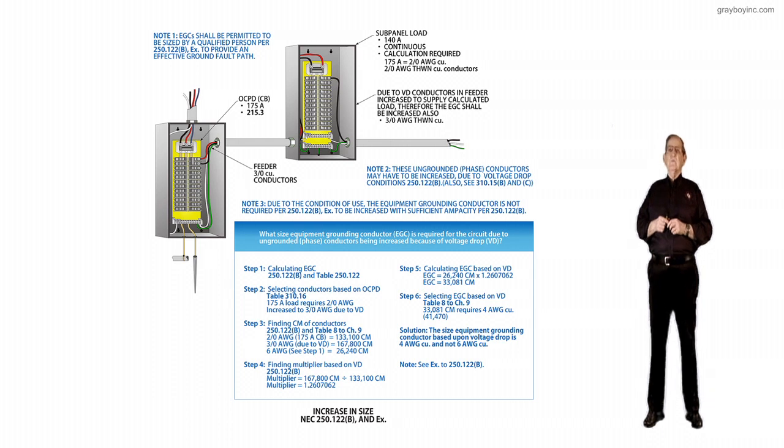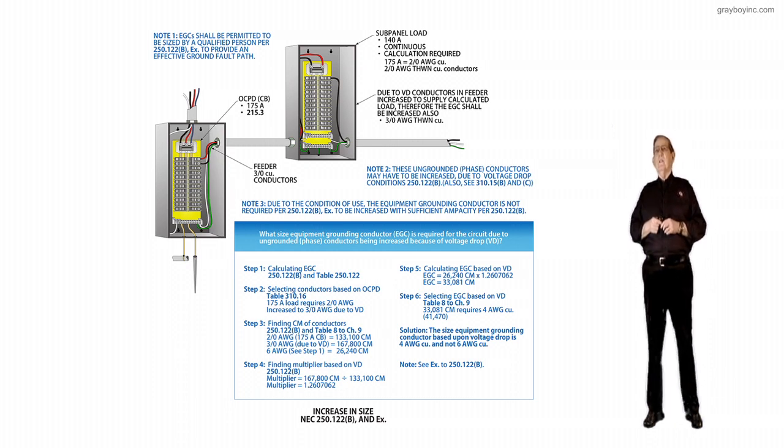That complies with Table 310.16 and Table 240.6(A). And then if you look at the bottom, this says, due to the voltage drop, conductors in the feeder is increased to supply a calculated load.